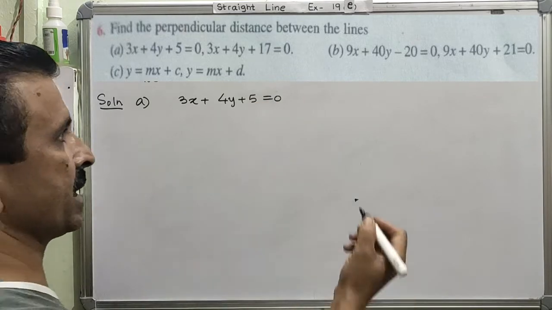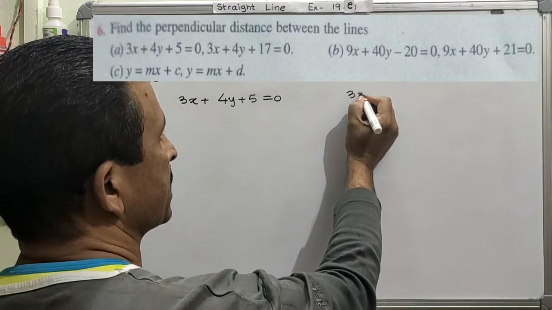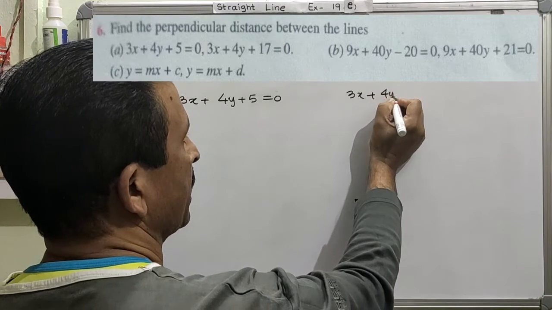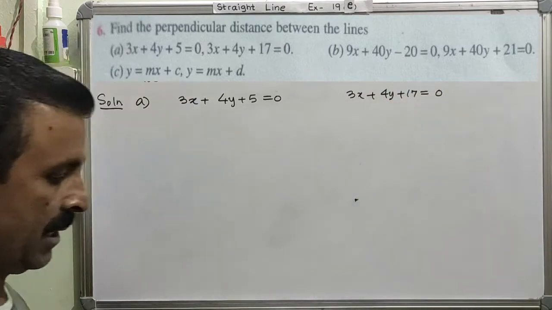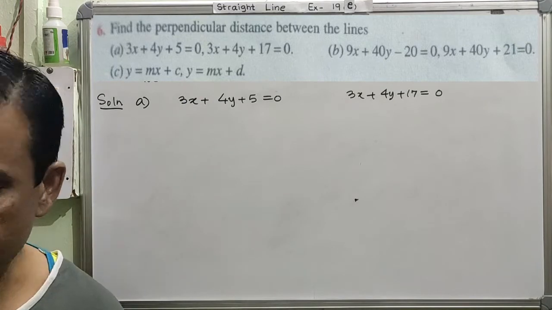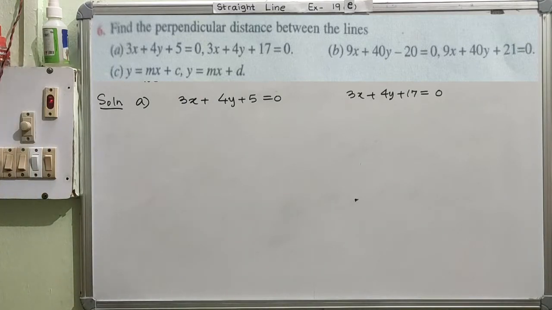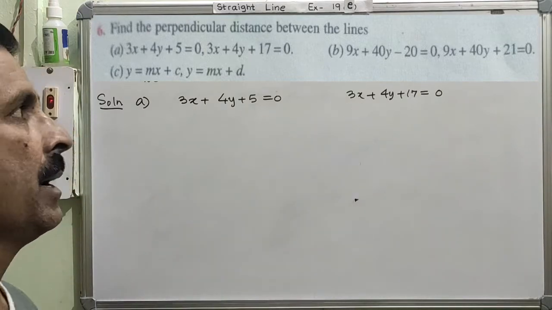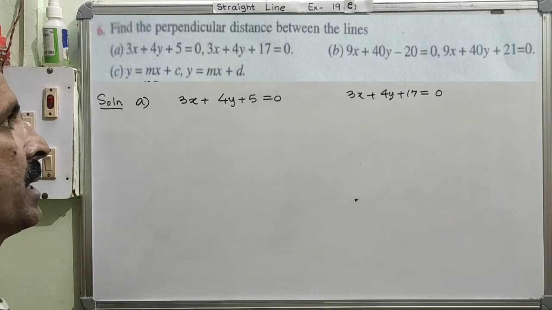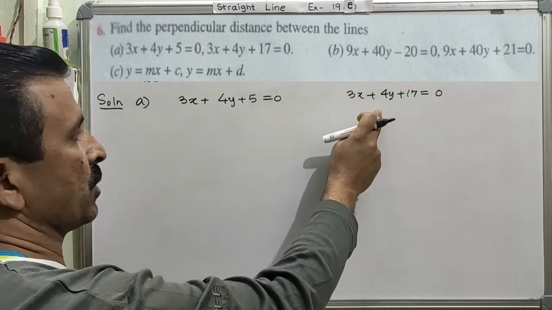And another equation is 3x plus 4y plus 17 is equal to 0. So these are the two lines. And we are supposed to calculate the perpendicular distance between these two lines. Clear?